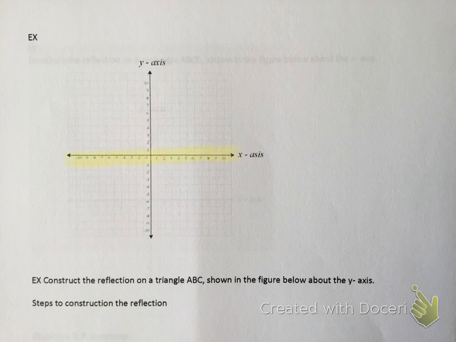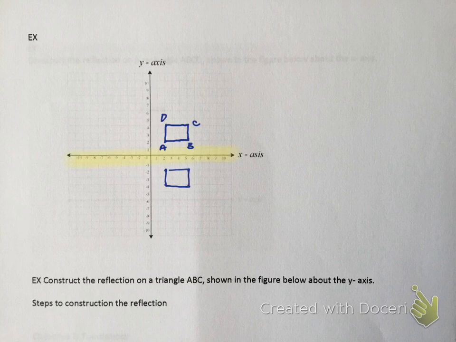So an example of that would be, let's say I have a figure here, and I'm just going to quickly draw it, and I promise you that I will teach you how to do this in a minute. So I'm going to draw a figure here, and it's a rectangle, A, B, C, D, and to reflect it across the x-axis, I'm going to put a point here, I'm going to put a point here, and I'm going to put a point here and here.